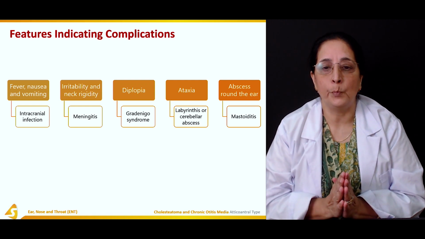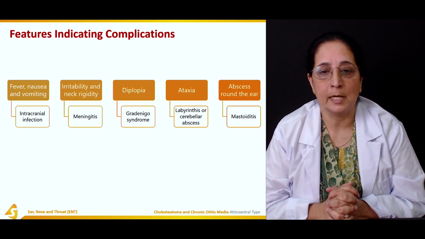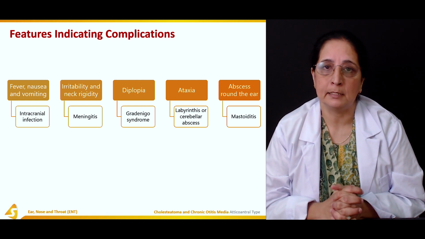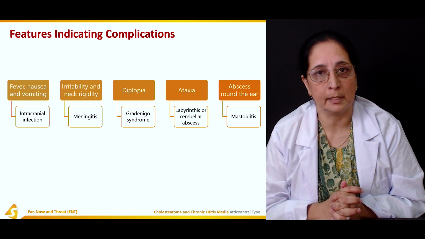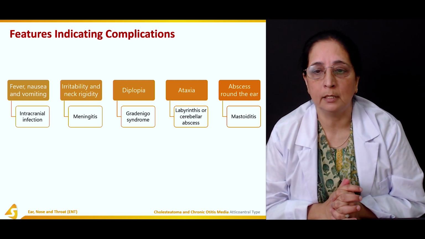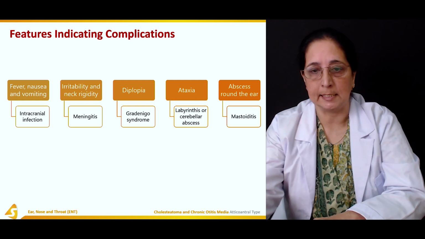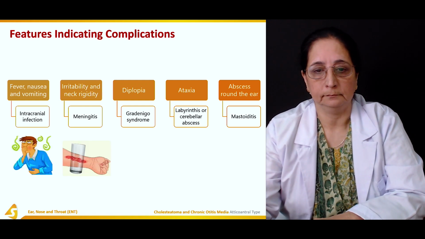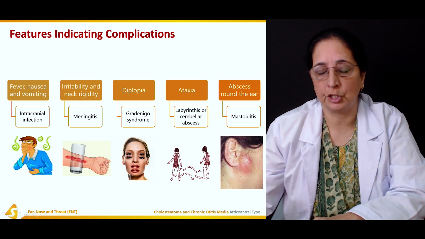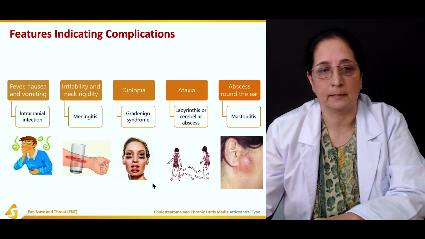There is diplopia, known as Gradenigo syndrome. Ataxia is seen in labyrinthitis or cerebellar abscess, and there is an abscess around the ear, which is mastoiditis. So all these are the presentations of different conditions.